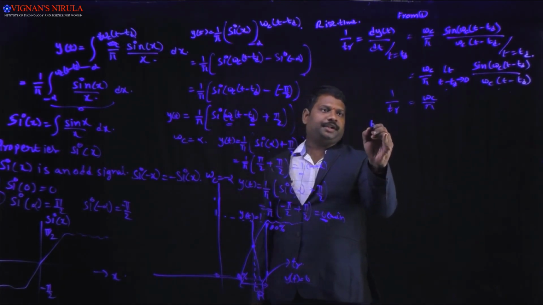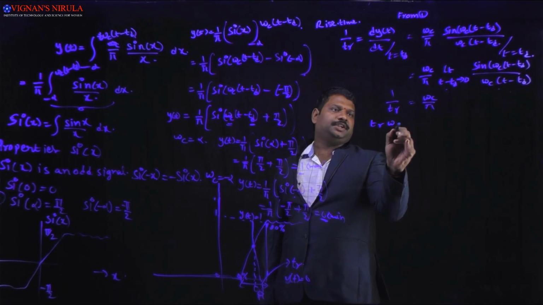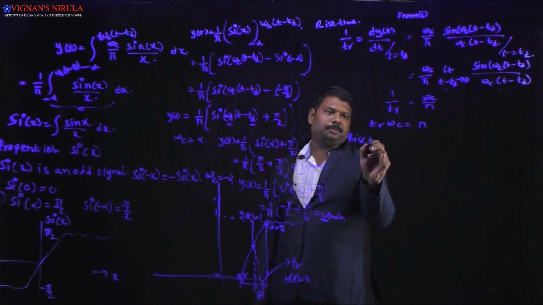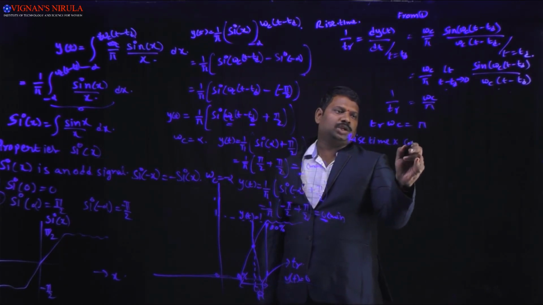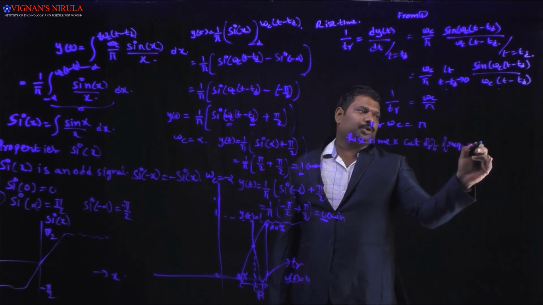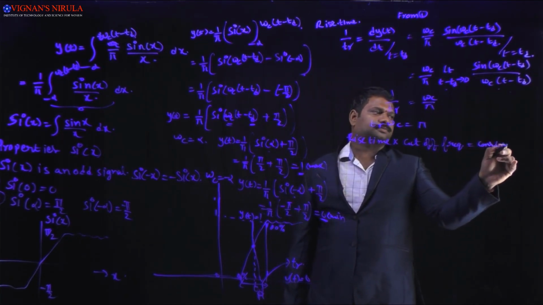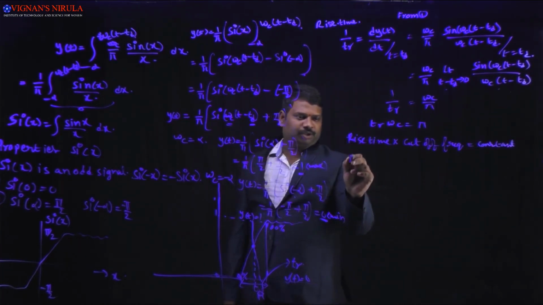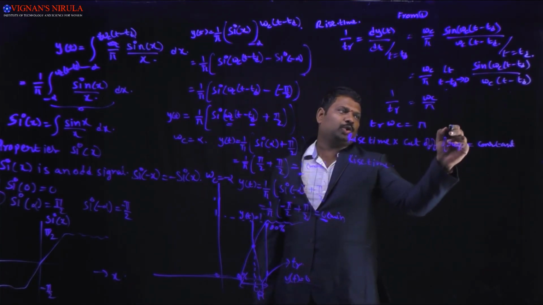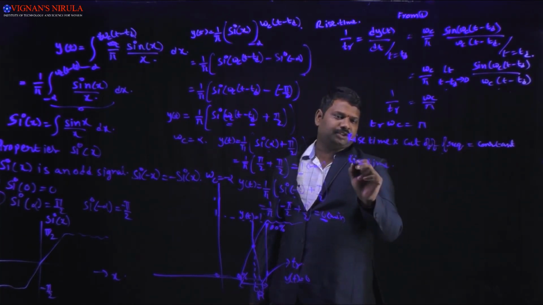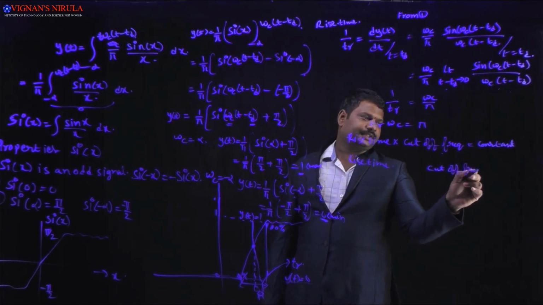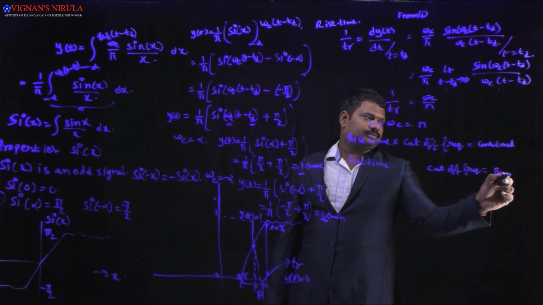Therefore, TR into omega c will be equal to pi. That's TR, the rise time, into this omega c, the cutoff frequency, which is equal to the constant pi. Therefore, specifically for the low pass filter, this cutoff frequency is nothing but our bandwidth.